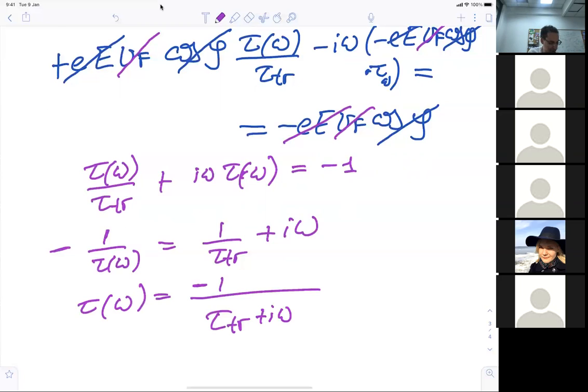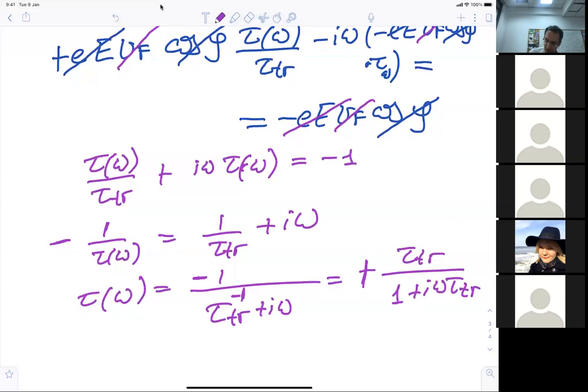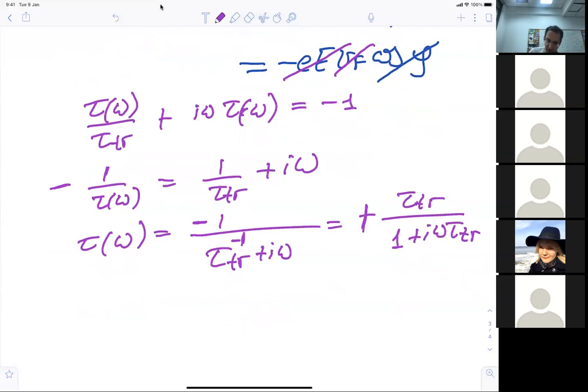So tau of omega is equal to minus tau transport over 1 plus I omega tau transport. Okay, I made some stupid mistake somewhere. It should be a plus sign, of course. We can find it if we really want to, but okay. So this is the replacement that we had.